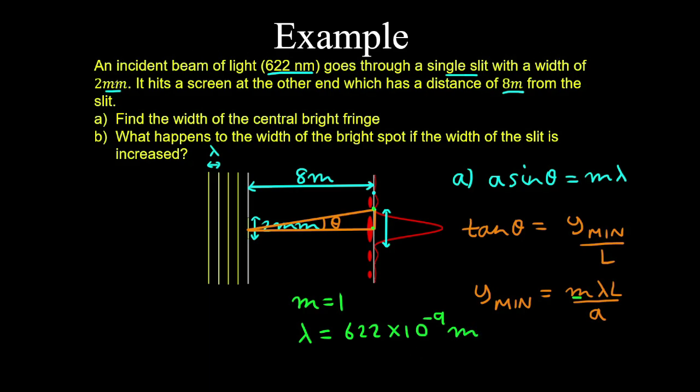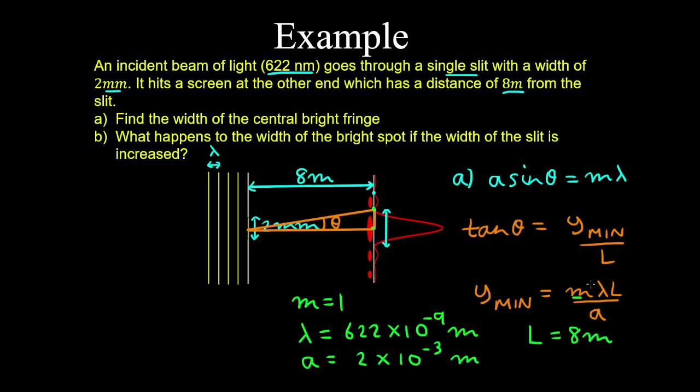And the width of the aperture, or slit, is given as 2 millimeters, so we multiply this by 10 to the negative 3 to get that in meters. And here, L, being the distance to the screen, is 8 meters.